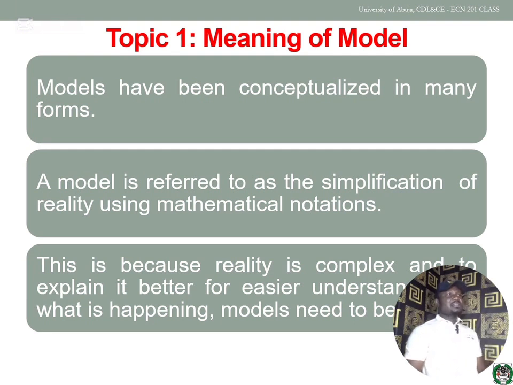So, why do models simplify complex reality? It is because this complex reality is sometimes difficult to explain. It is sometimes ambiguous, and tends to be too large because of the various items involved.